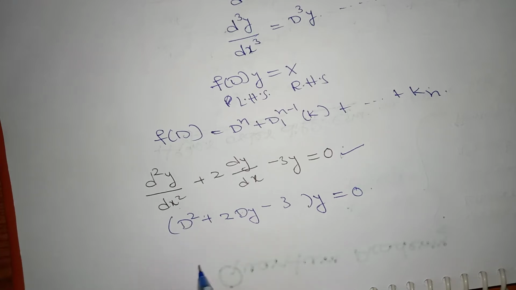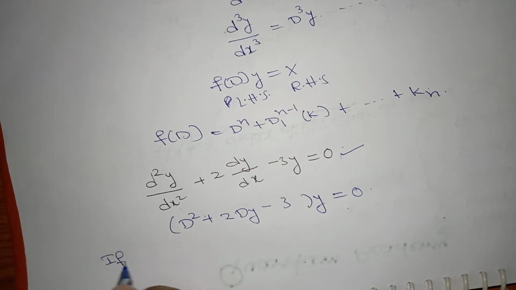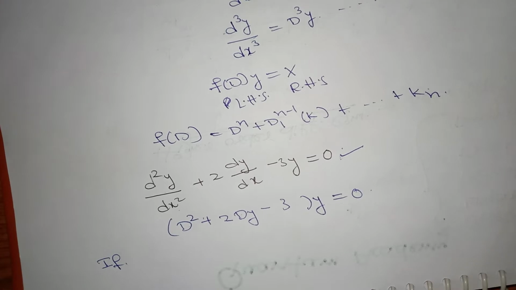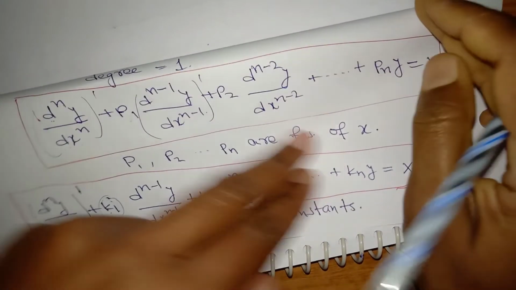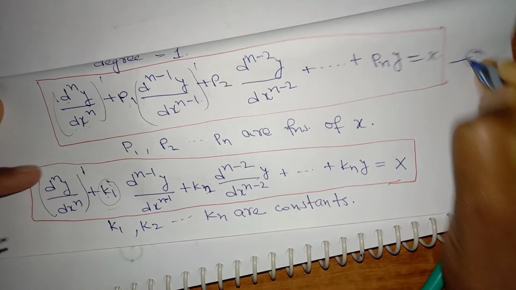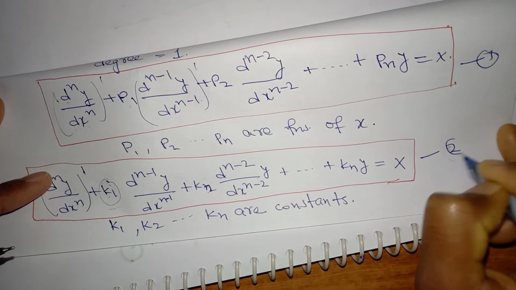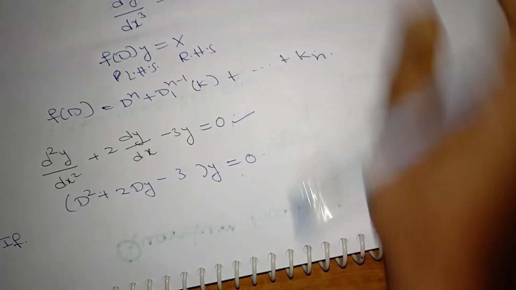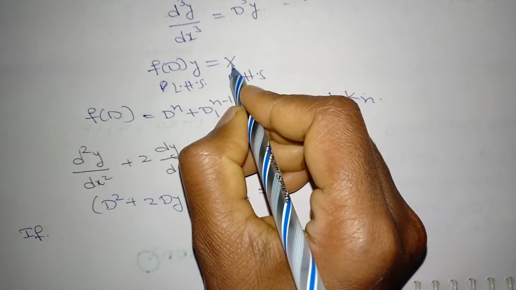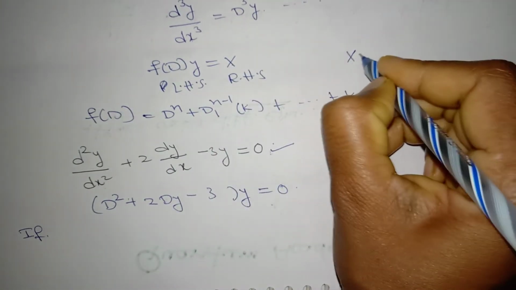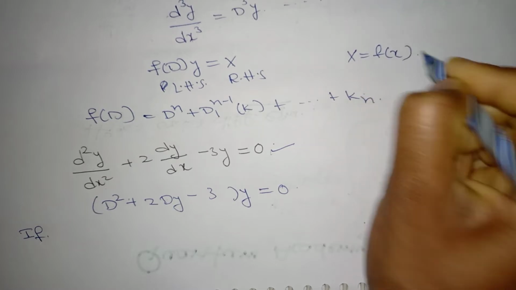In a linear differential equation with constant coefficients, take this as equation 1 and this as equation 2. Here X is a function of x.